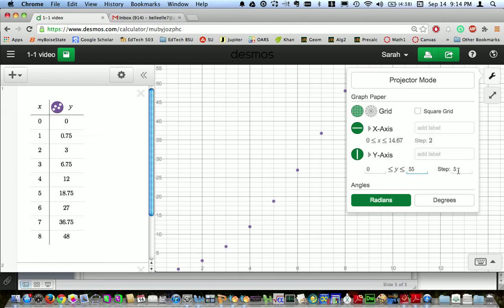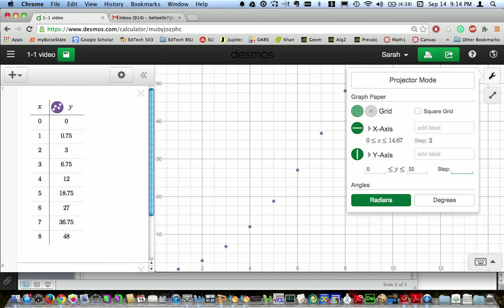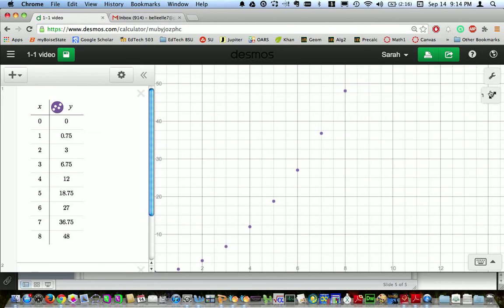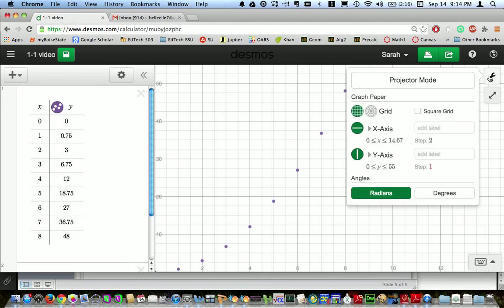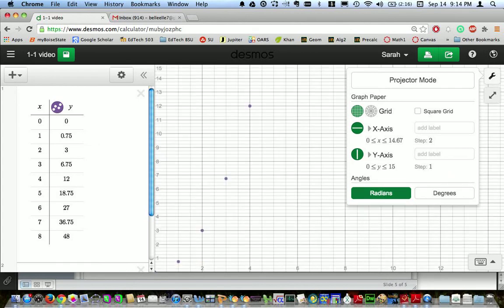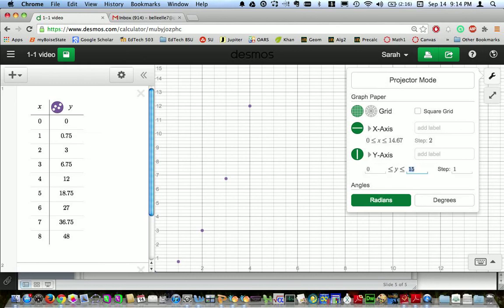So you could do that. But that's going to skew your graph a little bit. So if you don't want to go by 5s, that's okay. We can go by 1s. It won't let me do that now. It likes the 5s because it fits. Well, let's go to 15. Now I'll go to 10.